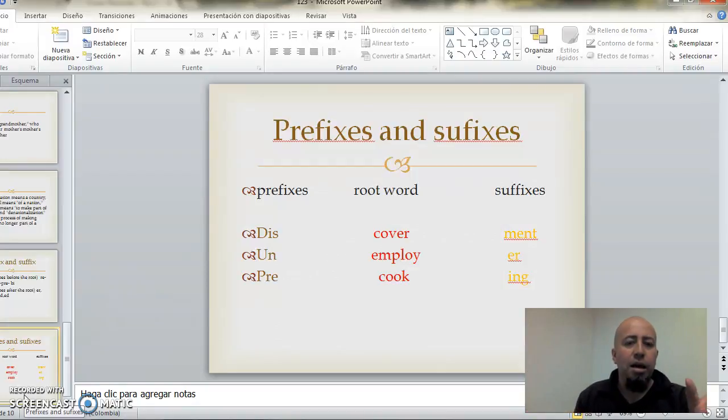In this case, morphology has a specific area that we can call morphemes, and the study of these morphemes can change depending on the word. It can be changed using prefixes or suffixes.